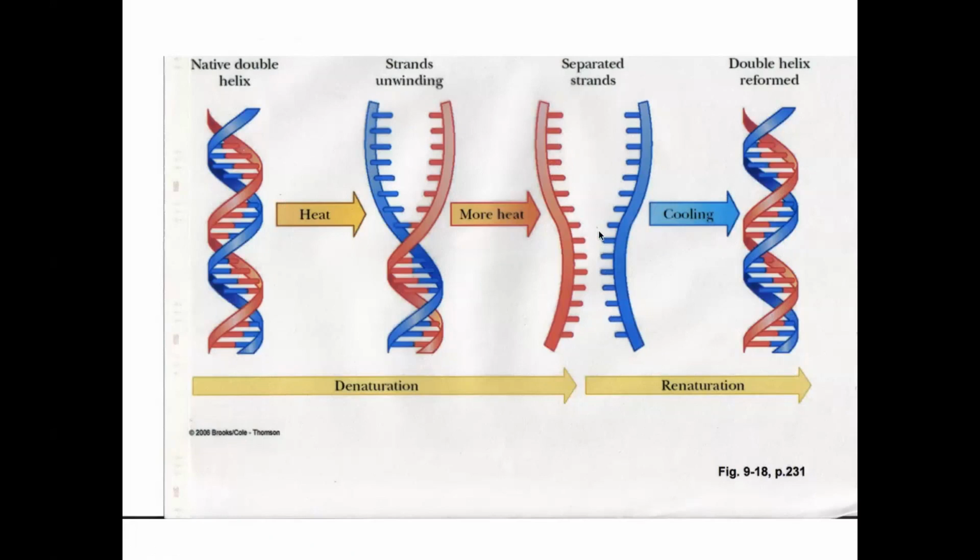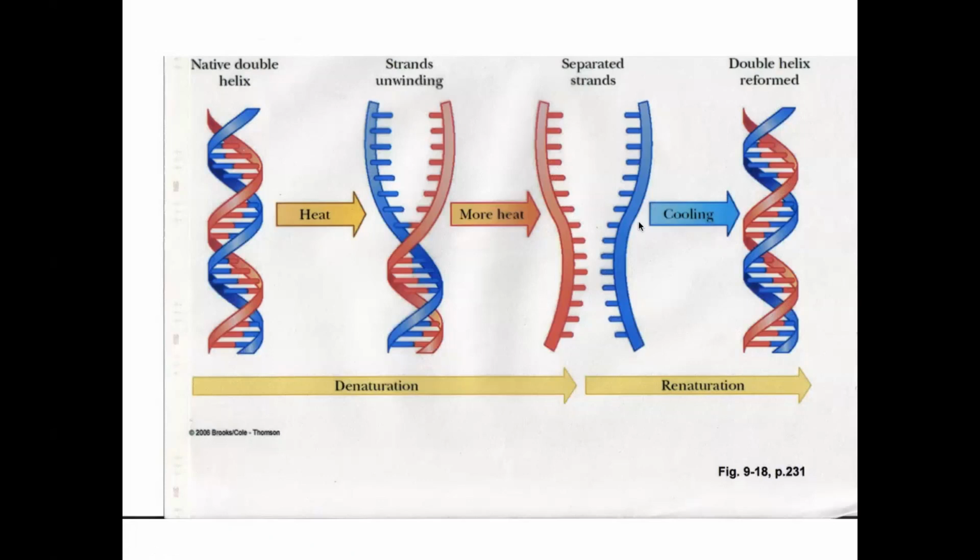You can follow the progression of this process of denaturation by using the absorbance reading at 260 nanometers because of the hyperchromic effect that I described earlier. As the DNA denatures, the absorbance reading increases, and eventually it'll level off when the DNA is fully single-stranded.